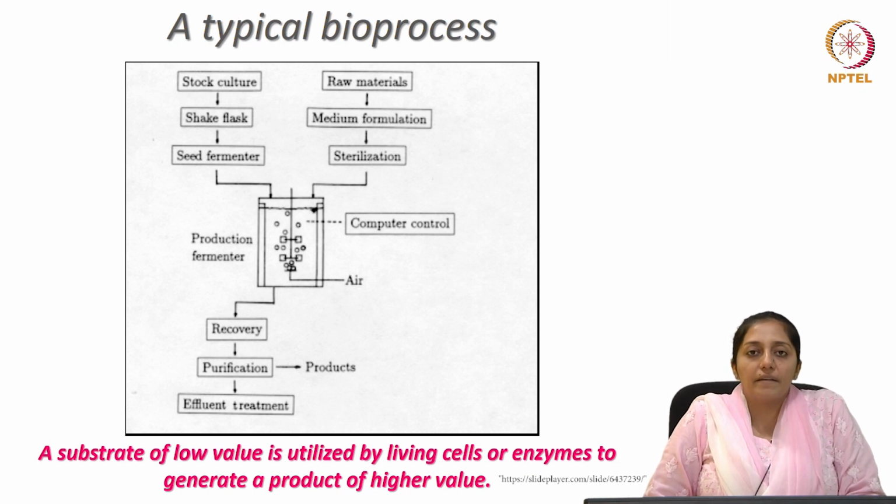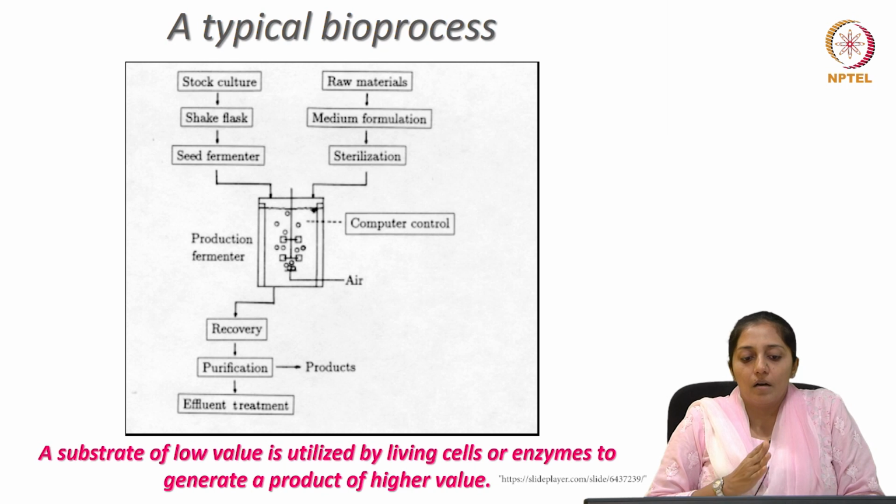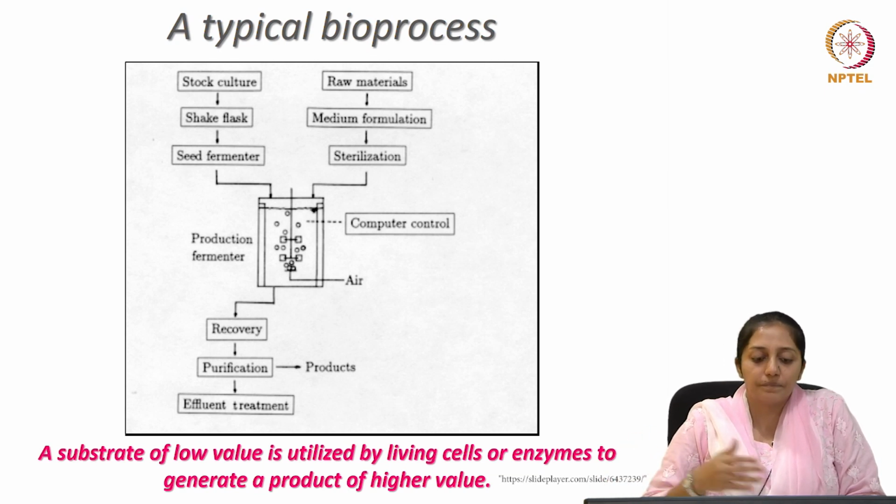Now this is a schematic which shows the different steps involved in converting a low-cost substrate to a high-cost product. In a typical bioprocess, on the left-hand side top corner is the stock culture. Stock culture means your master cell bank, which can be cryopreserved or maintained for continuous use in production.